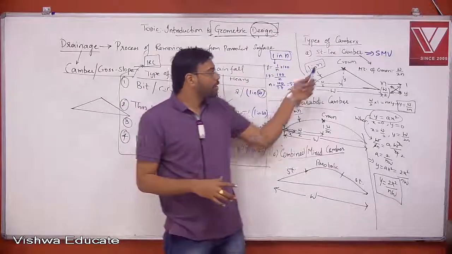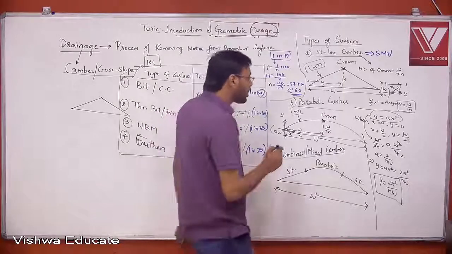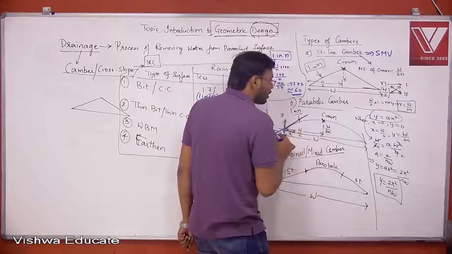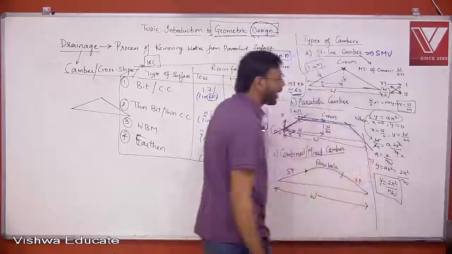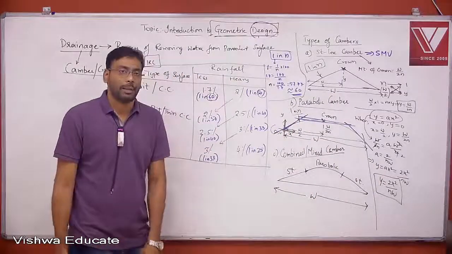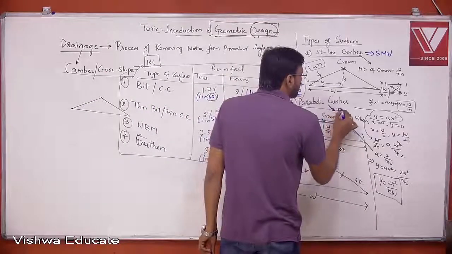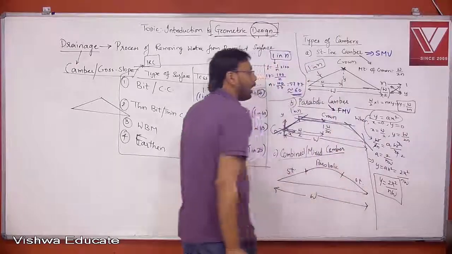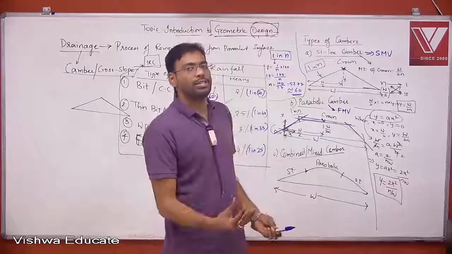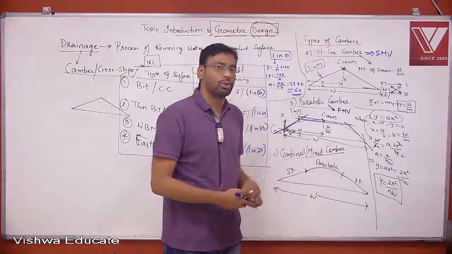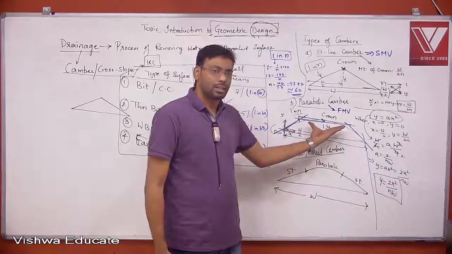If you observe these shapes properly, for a parabolic camber your road is steeper at the edges and flatter at the crown. So fast moving vehicles prefer the parabolic shape because they generally travel in the center part of the road, and in the parabolic camber shape it is flatter at the center.